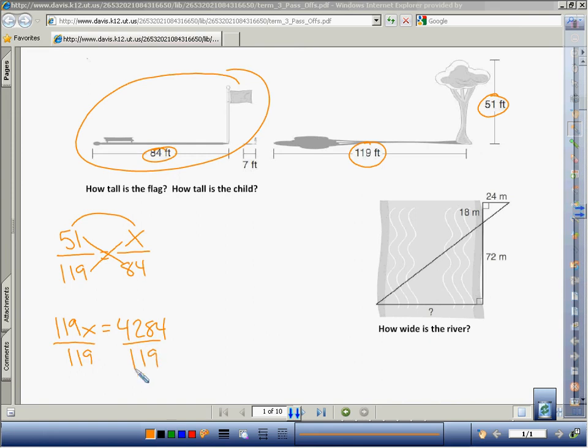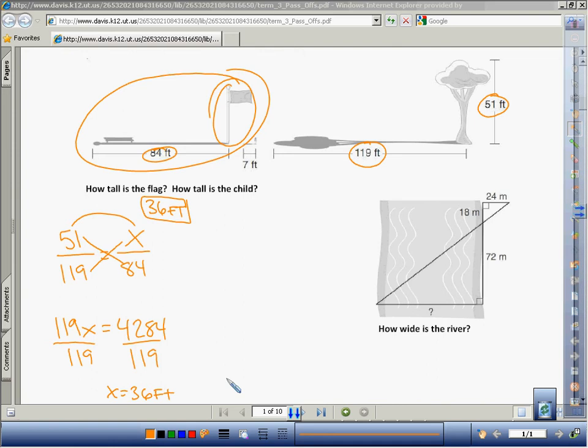And I get x equals 36 feet. So the answer to how tall is this flagpole here, 36 feet.